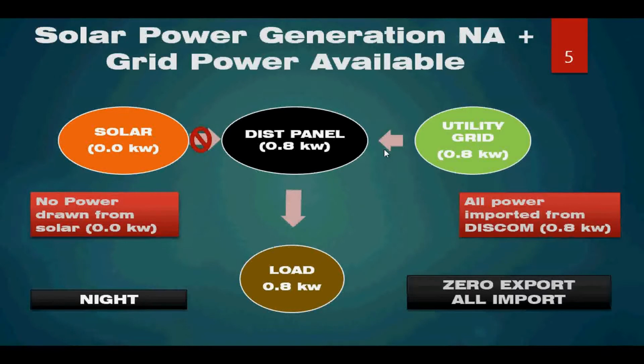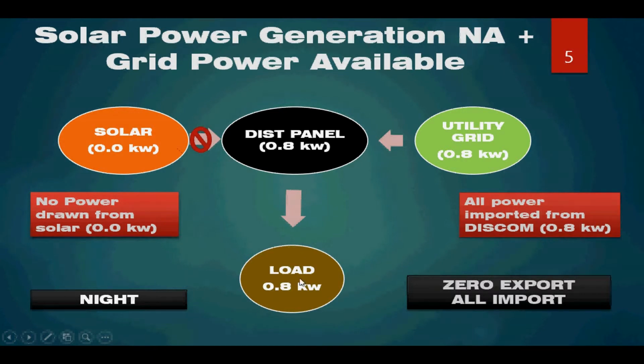Let's move on to case number 2, at night or during a cloudy environment, or when the solar power generation is 0. So in this case there is no generation, your load is still present. So all the power will be drawn from the utility grid. There is no power drawn from the solar power plant.